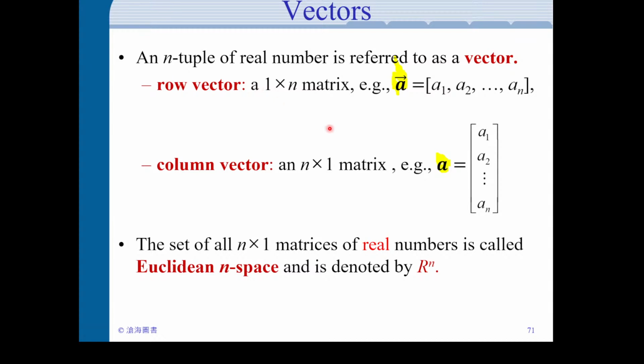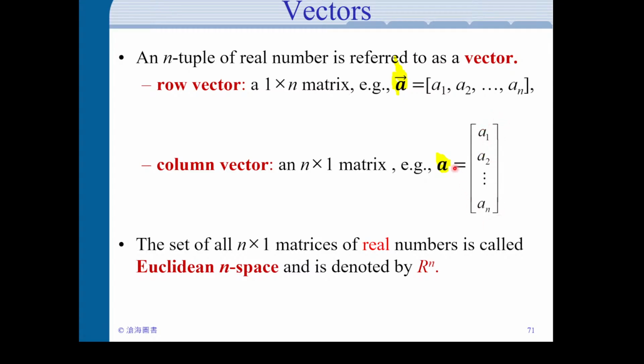A row vector is just a matrix with only one row, like this, with n elements a1, a2 to an. And a column vector is a matrix with one column, and it's like this, a1 to an.